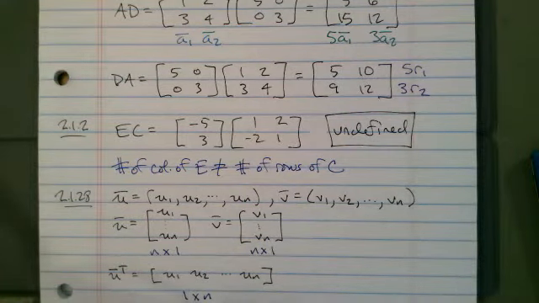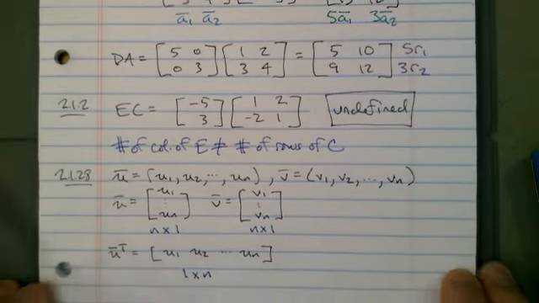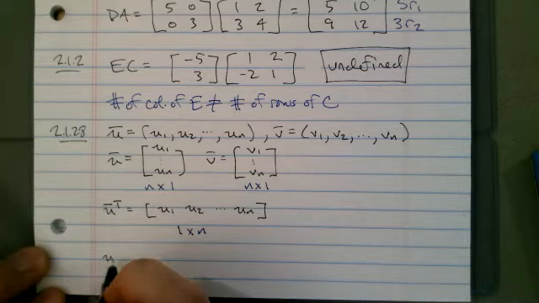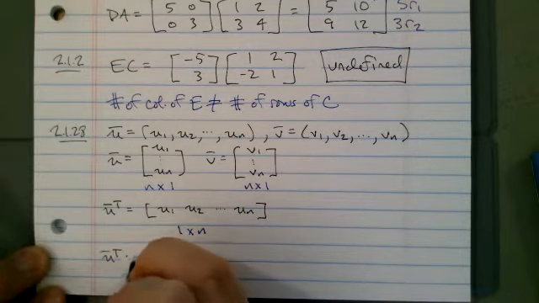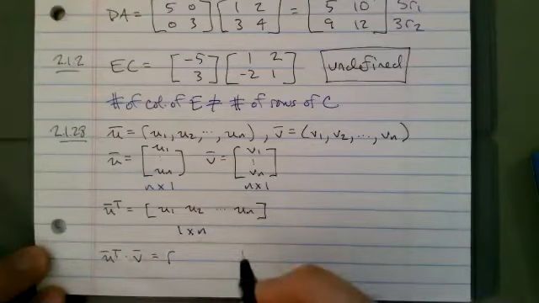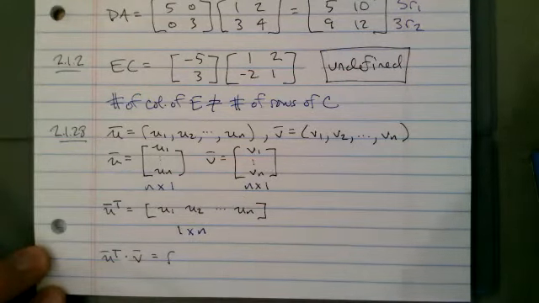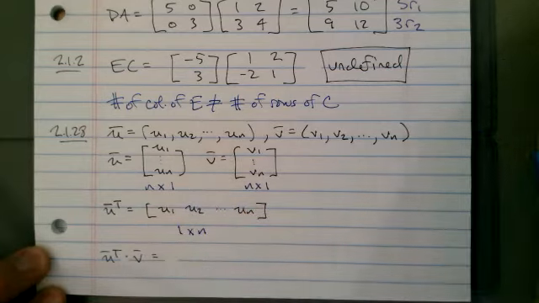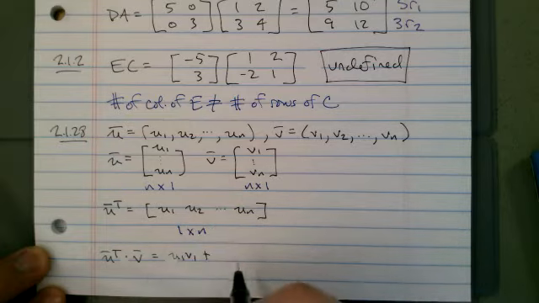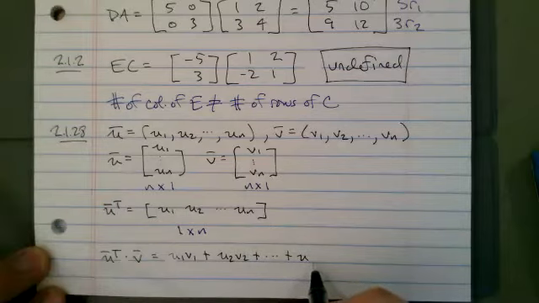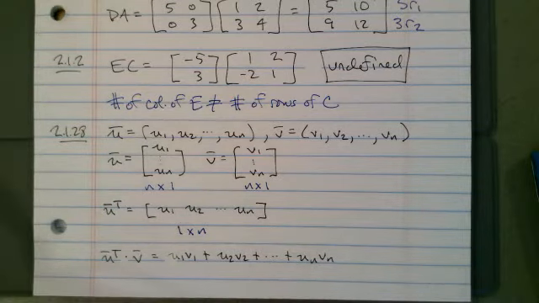So I can multiply U transpose times V, and it will just be the dot product of U and V. U transpose times V will be U1 V1 plus U2 V2 plus all the way out to Un Vn. And we just end up with the dot product of U and V.